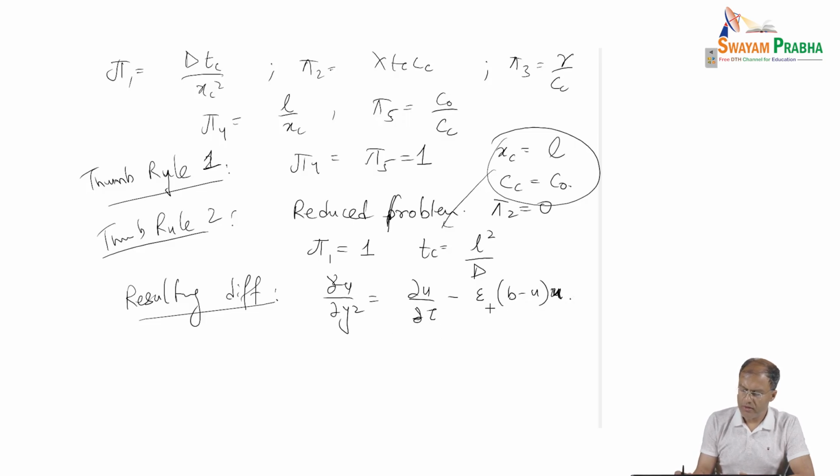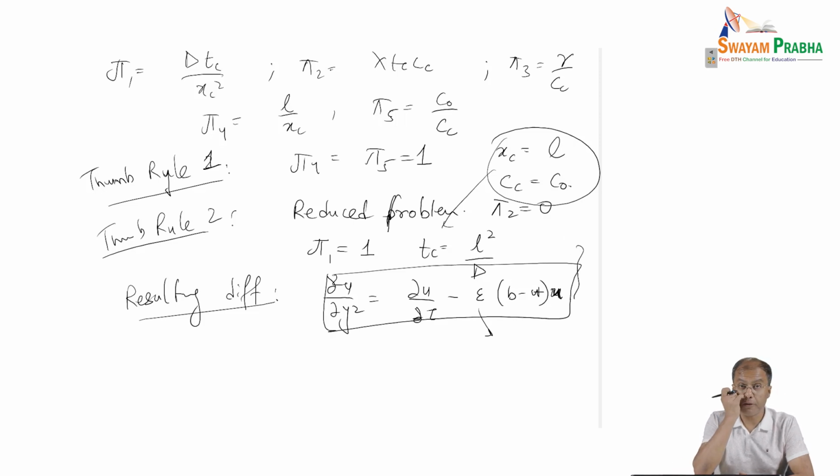So epsilon is the only group that remains, that is pi 2, and of course the boundary condition for this model comes out to be u at 0 comma tau is equal to u at 1 comma tau is equal to 0, and the initial condition is u at y comma 0 is sine of 5 pi y.